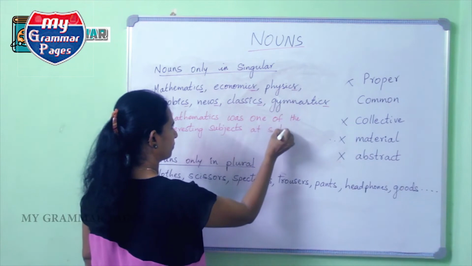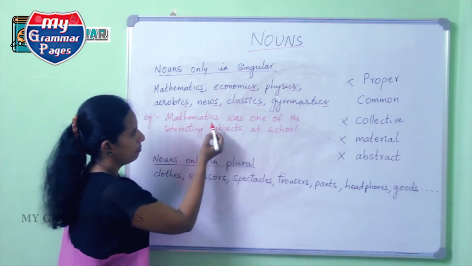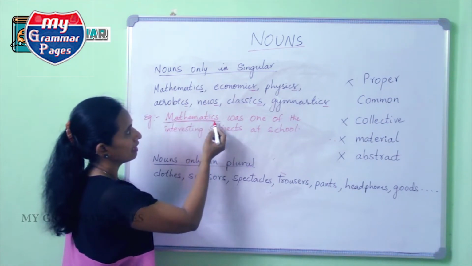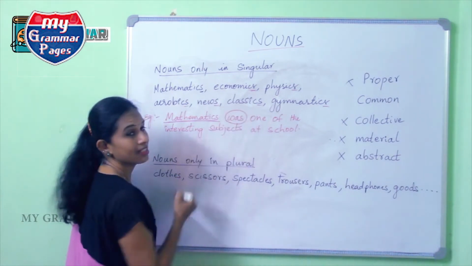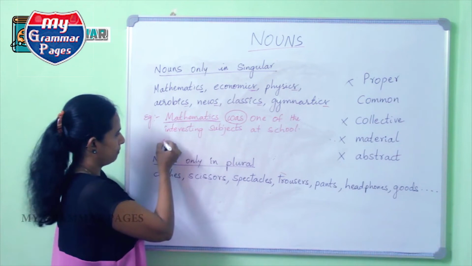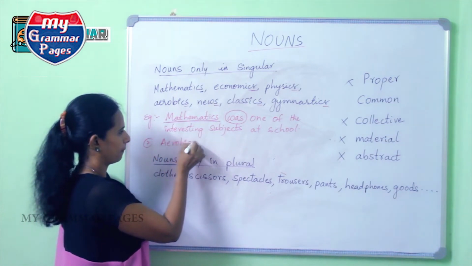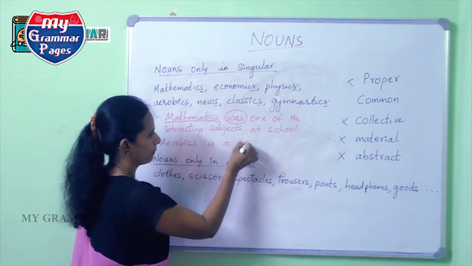So in this one, mathematics, as we have already discussed, has to be taken only in singular form. It will take only a singular verb. For example, if I take one more, aerobics is a great fun.